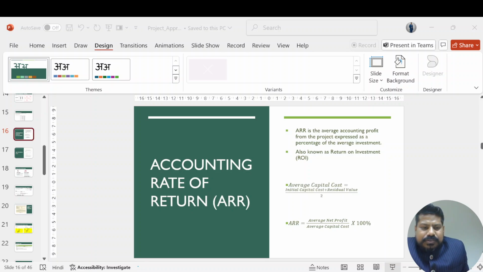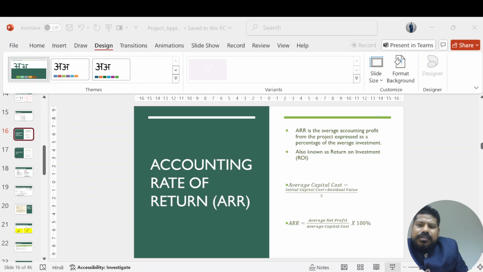So for net present value, the formula for PV was future value upon 1 plus r raised to power n. Here PV is simply replaced by this formula, and you calculate it: future value 1 upon 1 plus r, plus future value 2 upon 1 plus r raised to power 2, plus future value 3 upon 1 plus r raised to power 3, etc. If the net present value is positive, NPV greater than 0, it should be accepted.